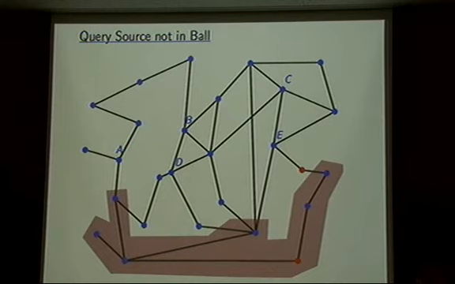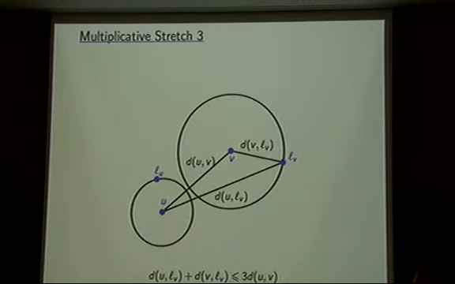How bad is it going to be? Well, they claim it's going to be at most 3. This is the stretch proof. It's fairly simple. I let you think for a moment. So this is U and this is V. And we assume that they are not in each other's balls. So this is U's landmark, and this is the ball for U.